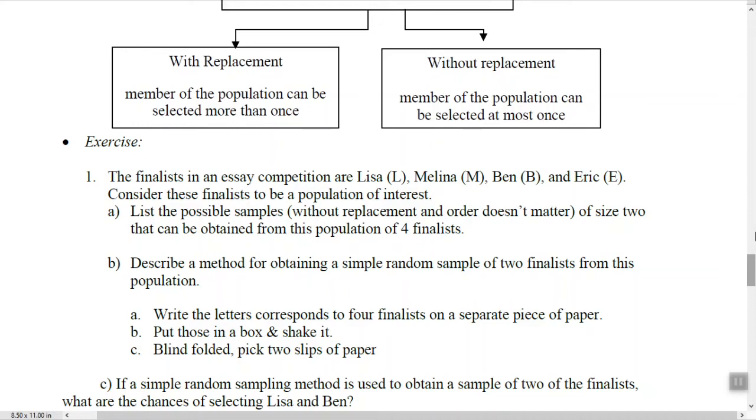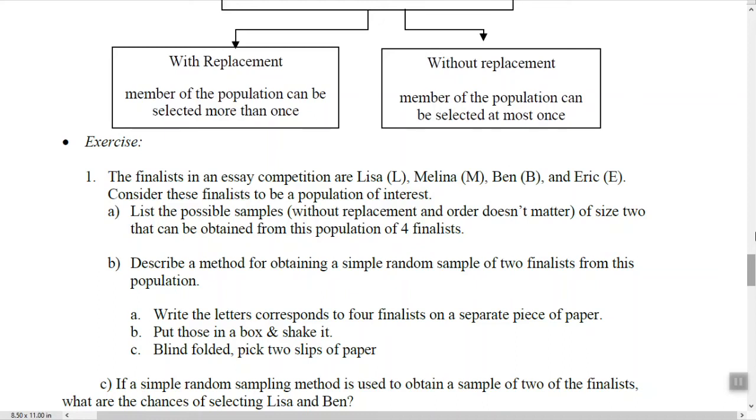If we consider L and M, LM, if order doesn't matter, LM is the same as ML. If you switch those two, it doesn't matter. Samples of size 2 can be obtained from this population of 4 finalists.